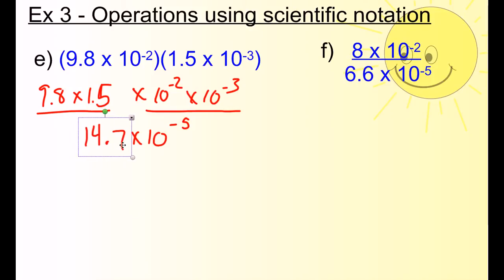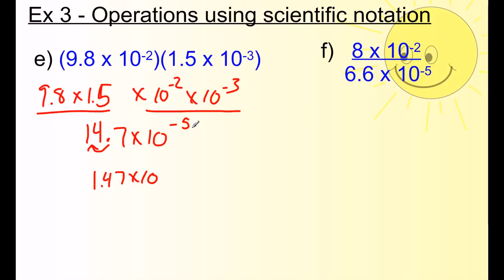Now, that unfortunately is not in scientific notation. So we're going to have to do one step. Now look, this number is bigger than 1. So for me to move this in scientific notation, my exponent has to get bigger by 1 place. So 1.47 times by 10.